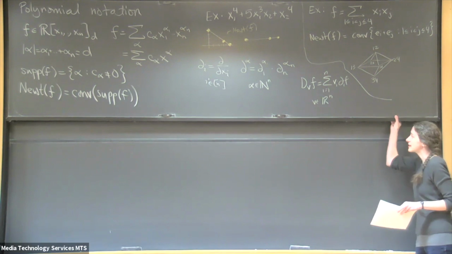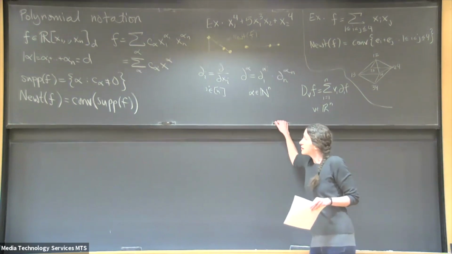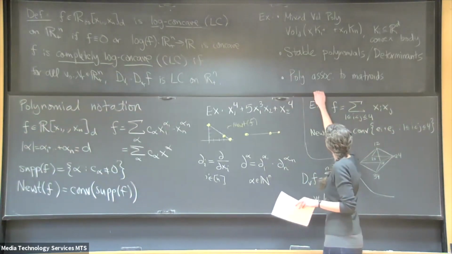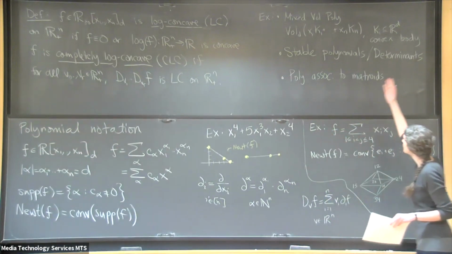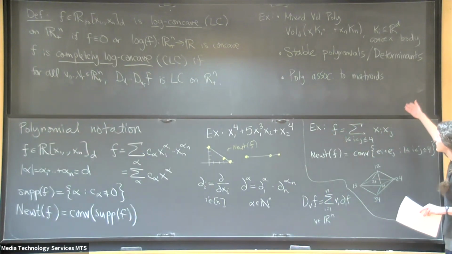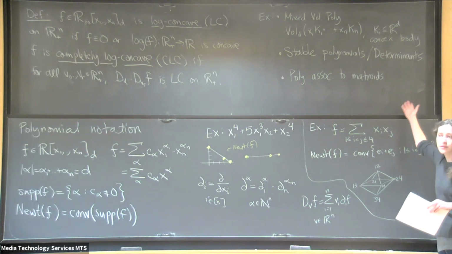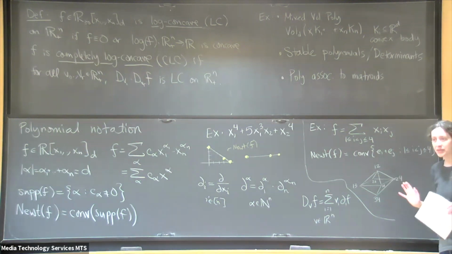I guess we could say something about this class of polynomials, and it could give us information about, for example, the coefficients of these polynomials or counts of things related to matroids.